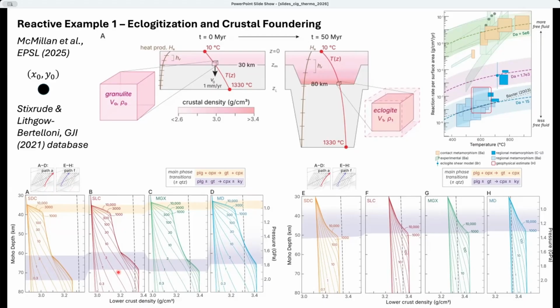And that has implications then for whether crustal foundering is likely to take place, depending on what Damköhler number you think is relevant in that situation, and depending on how much free fluid is available to the system. But like I said, we're still dealing here with a sort of zero spatial dimension problem. So this is not partial differential equation land yet.